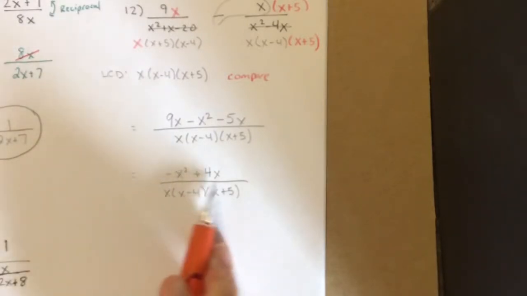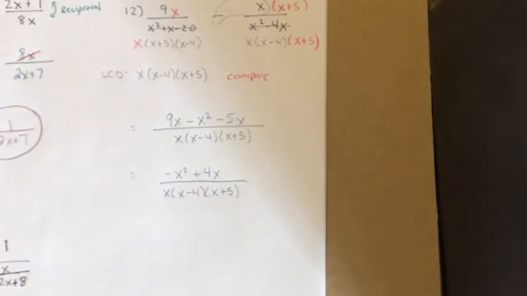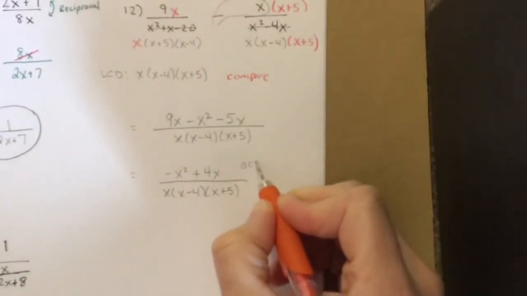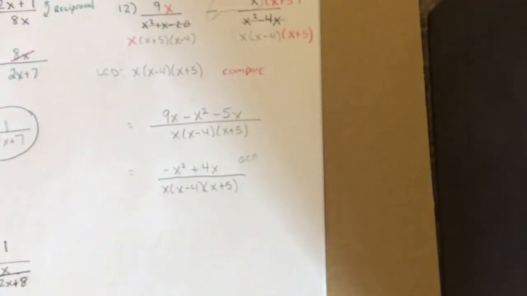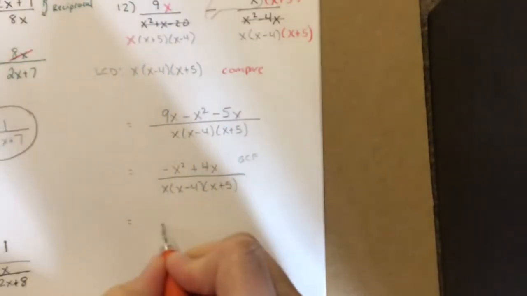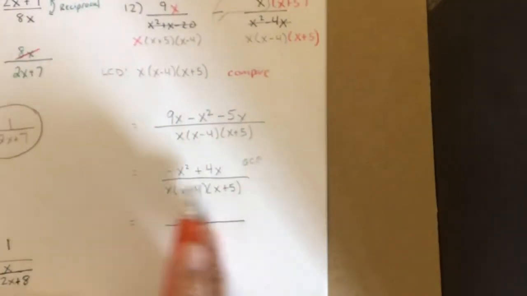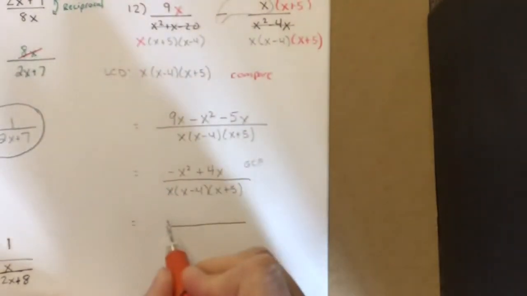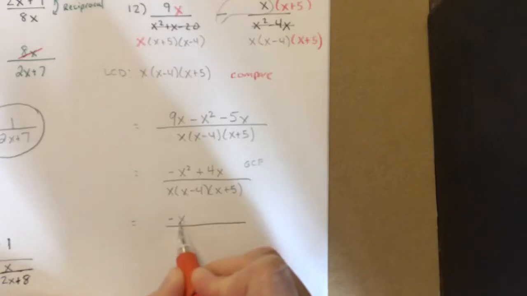But I think on this one, we can do a little bit more factoring, all right? I can find a GCF in the numerator. The denominator is already factored. Now, what can I take out? No number, but they both have an x in common. Or what if I take out a negative x?